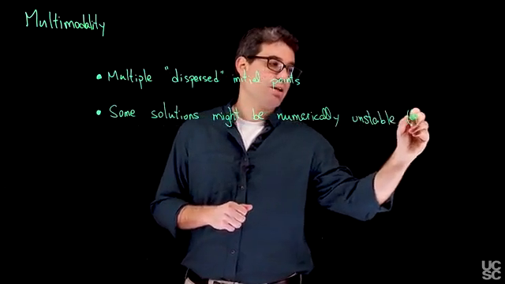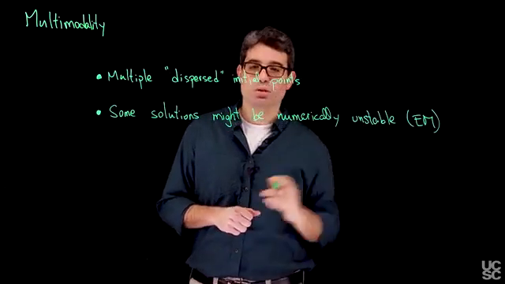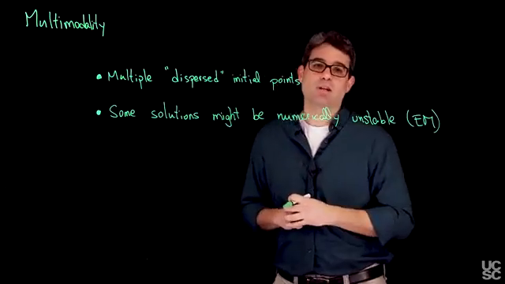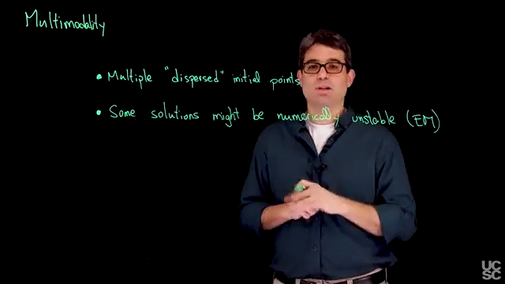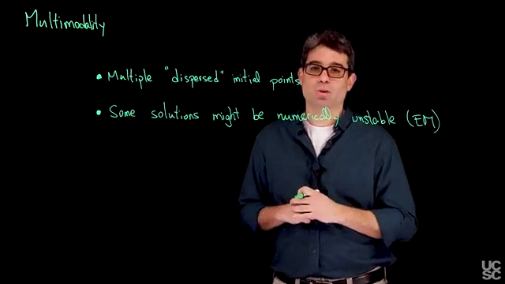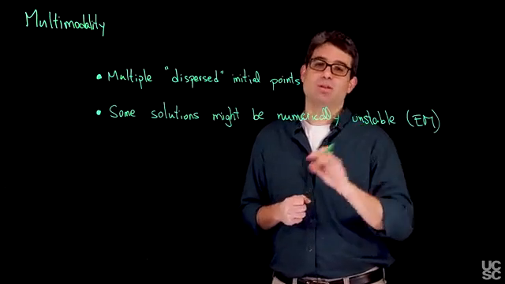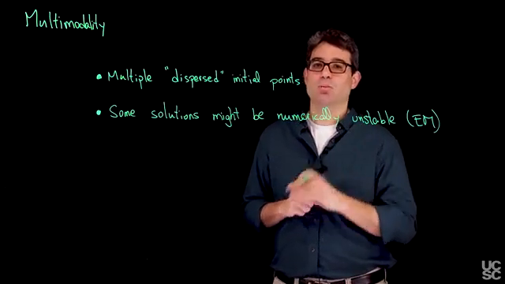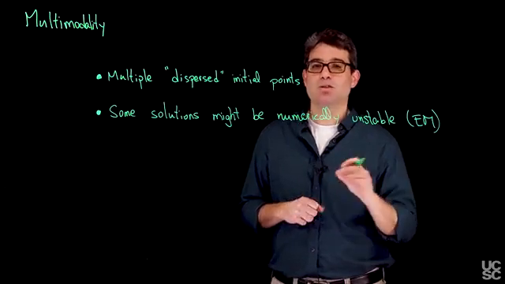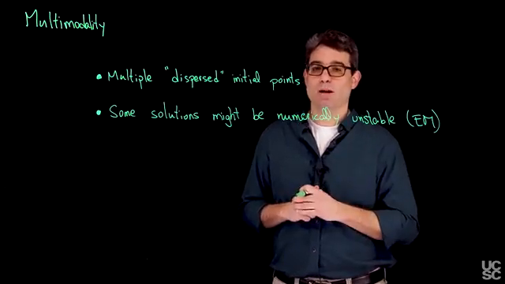This is particularly the case for the EM algorithm. And these solutions that are numerically unstable are typically not solutions that you really care about because they are going to be very far away from the global optimum. But you still need to be aware that you may find some instability in some of these low value modes.